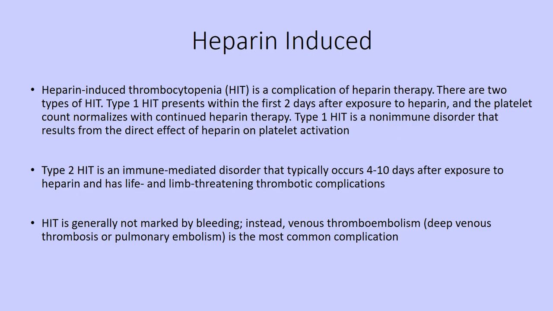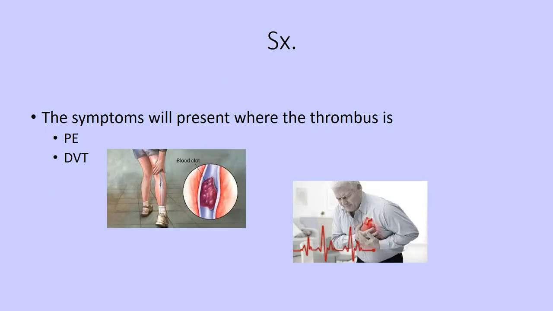Type 2 HIT is an immune-mediated disorder that typically occurs 4 to 10 days after exposure to heparin and has life and limb-threatening thrombotic complications. So basically at this point, you're clotting all over your legs and your arms, and it's actually cutting off the circulation to a point where you're actually going to lose them. HIT is generally not marked by bleeding; instead venous thromboembolism, or DVT, and pulmonary embolism are the most common complications.